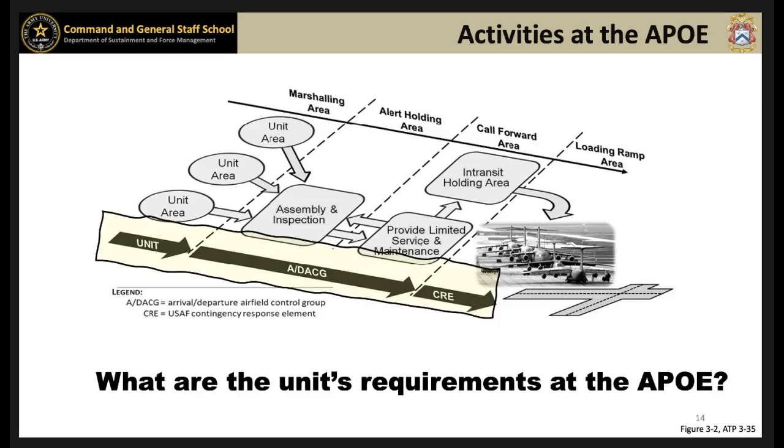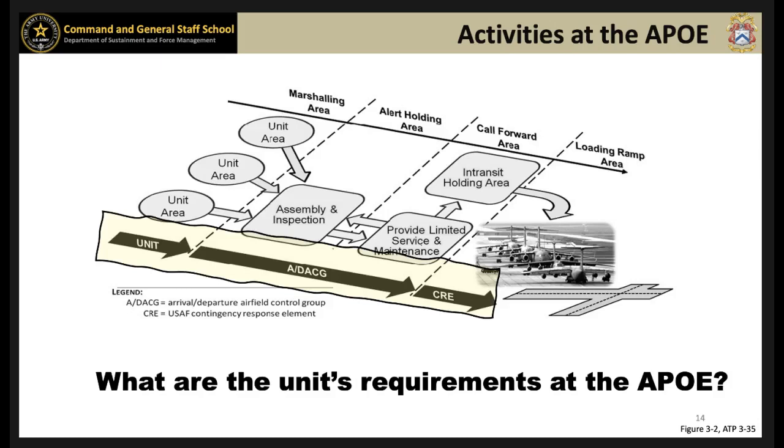Continuous coordination is essential between the deploying unit, the DACG, the Departure Airfield Control Group, and the Contingency Response Element, or CRE, an Air Mobility Command unit managing airfield operations. Here, planning updates are shared and issues are flagged.